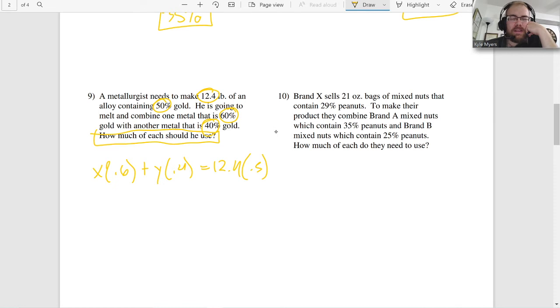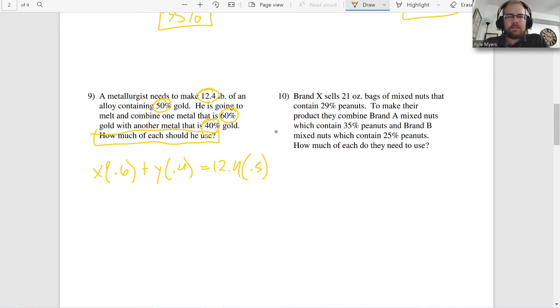If you put equal parts 60 and 40, what's in between is 50. So if you do 1 pound of 60% gold and 1 pound of 40% gold, it's going to make 2 pounds of 50% gold.